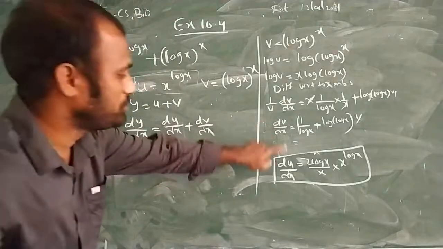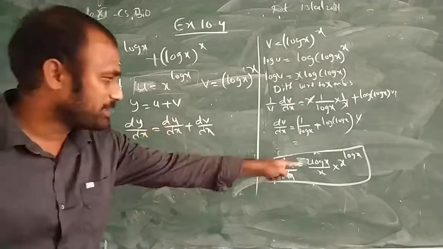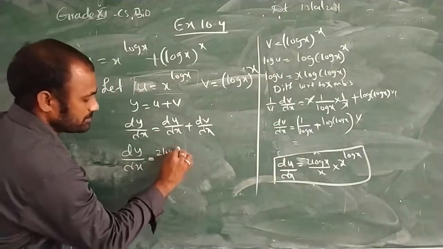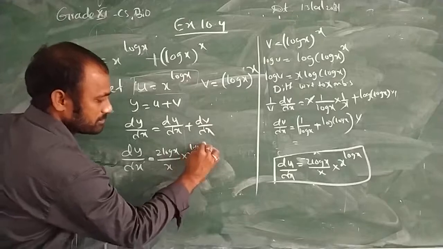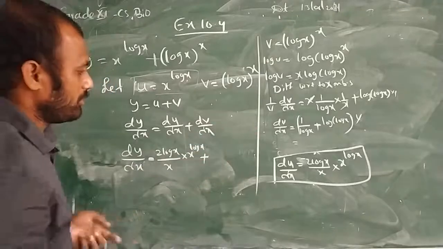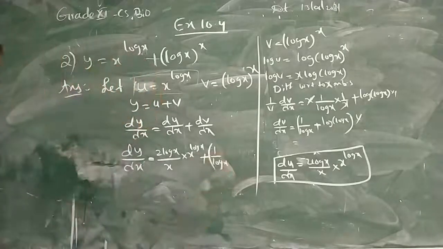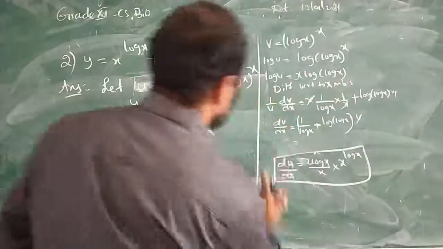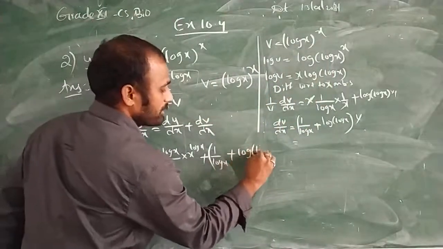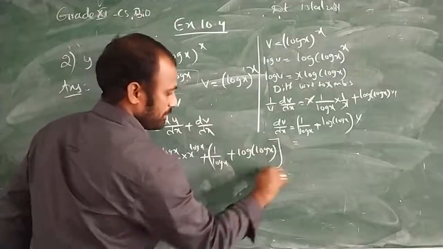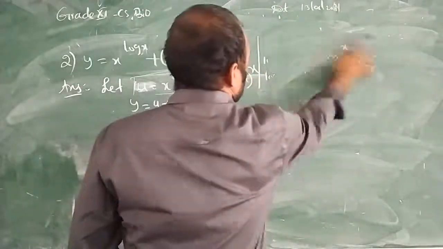Now let us substitute these two values. So we are going to get dy by dx equals du by dx, which we got as 2 log x by x, into x to the power of log x, plus dv by dx, which is 1 by log x, let us put in bracket 1 by log x plus log of log x, into the y value.